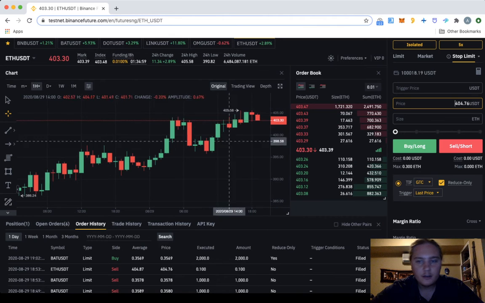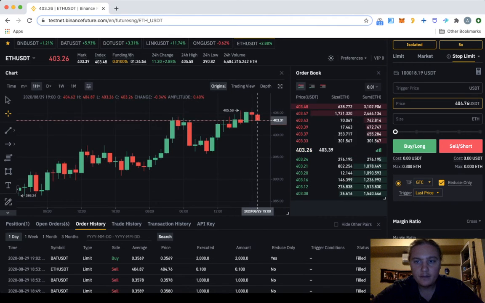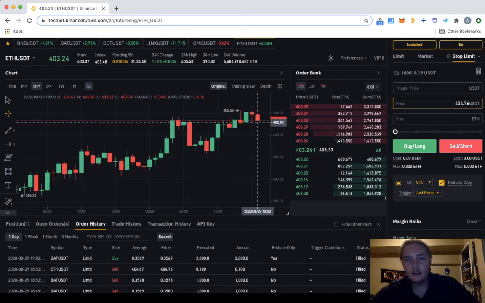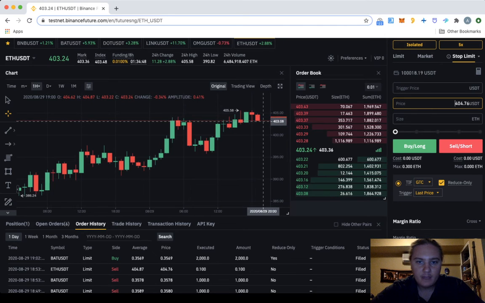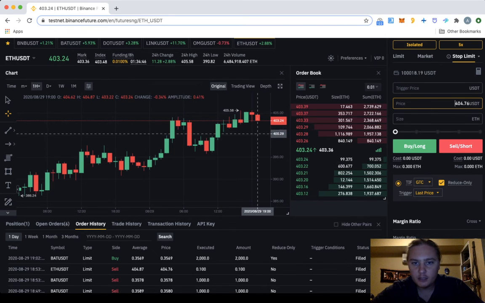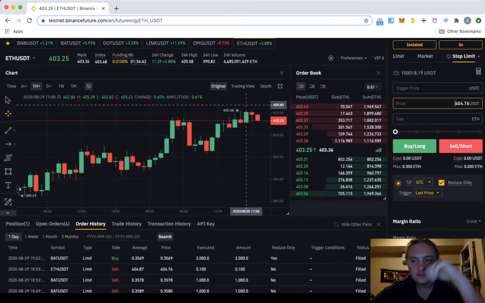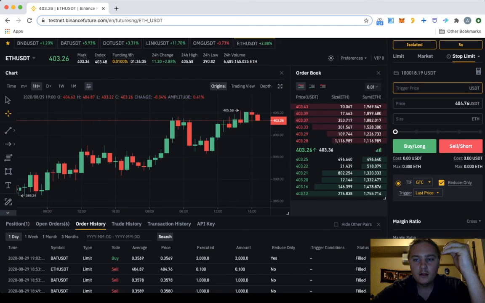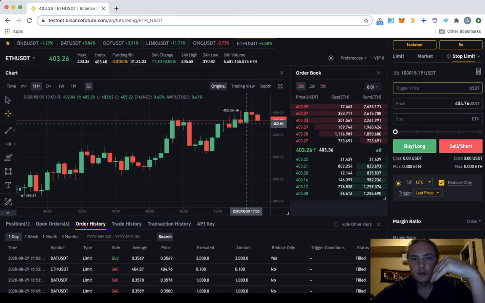So again, to our Ethereum example, well, this is an uptrend, we'll say I went short here, and I think the price can keep dropping, and the price takes off like a rocket. So on my short order, I would set a trigger price at a point where I want this to turn into a limit order.